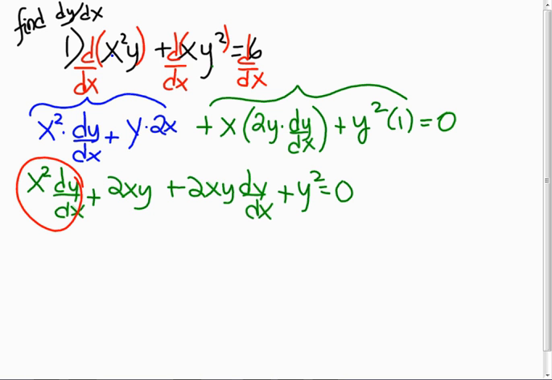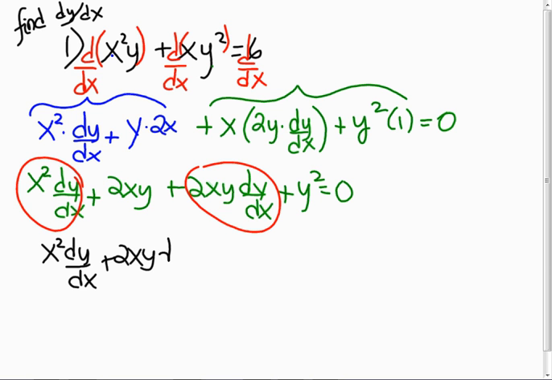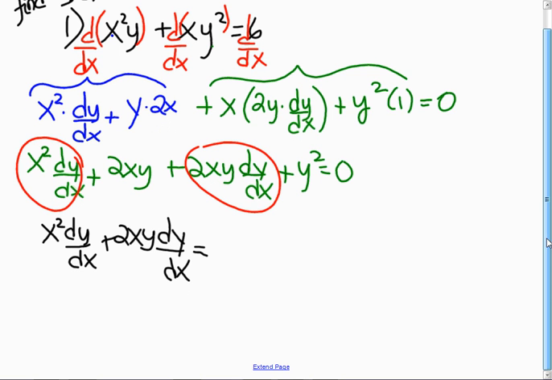These guys I want to keep over on the left side, and the other ones I want to put on the right side. So it's x squared. Some of you will say, oh, let's factor it right away. Yes, we could. Some of you don't see it. That means you understand it. But if you don't practice tonight, by tomorrow you will have forgotten.